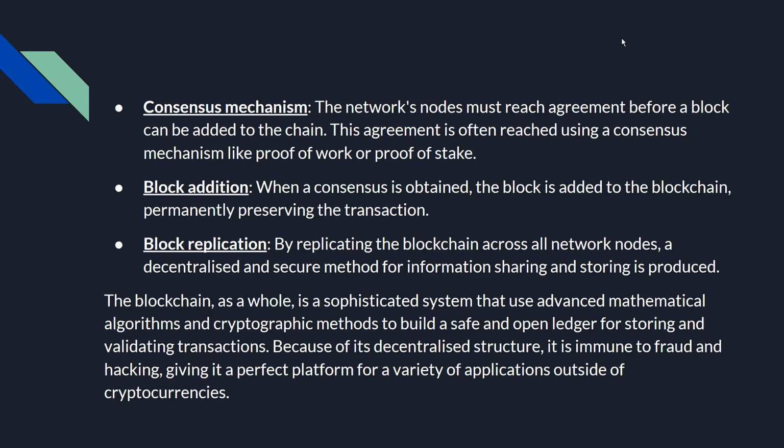People can have their computer as a node. I can have my computer as a node, you can have your computer as a node, even your teacher can have their computer as a node. So no one has sole authority over the data, and as a result, no fraud or tampering can be done.